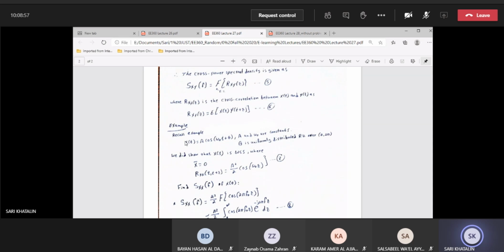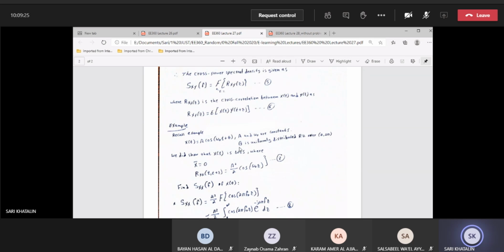If you remember this example from previous lectures, x of t, the random process, is A cosine(omega naught t plus theta). A and omega naught are constants, and theta is the random variable, uniformly distributed over 0 to 2 pi. We did this in the last lecture.